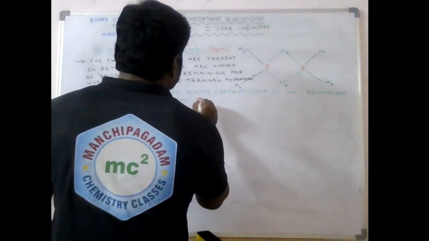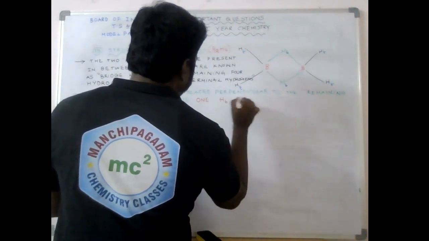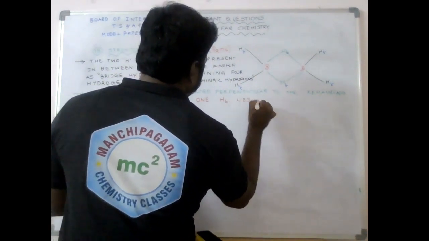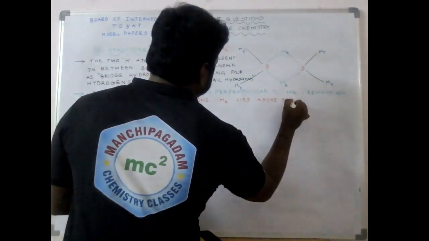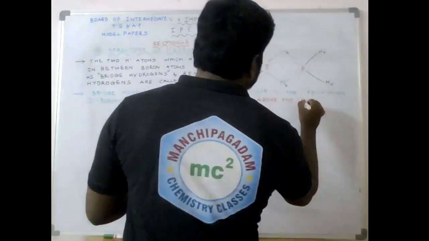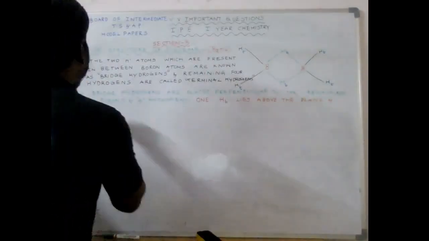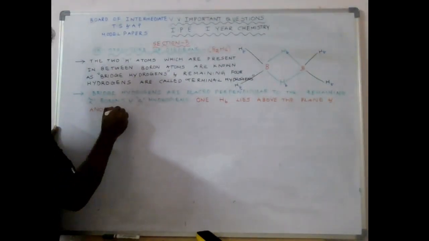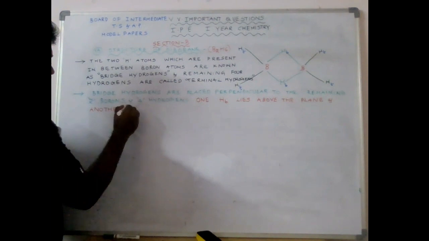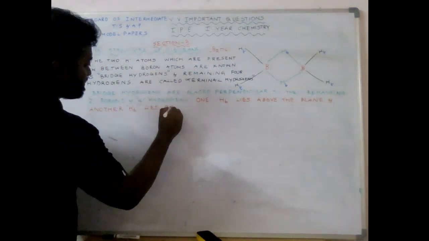So one HB, the bridge hydrogen, lies above the plane, and another bridge hydrogen, HB, lies below the plane.